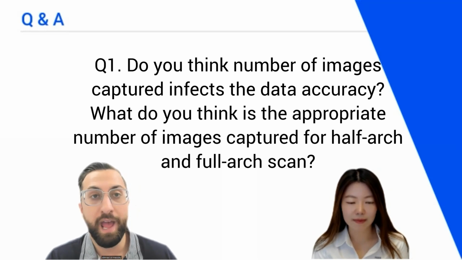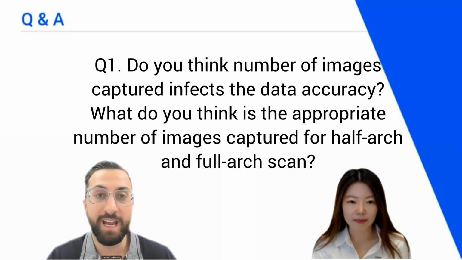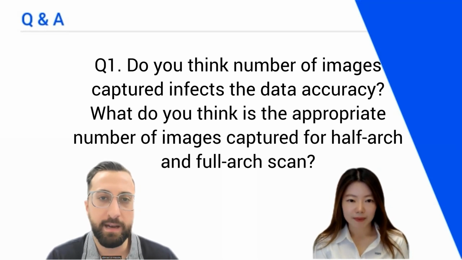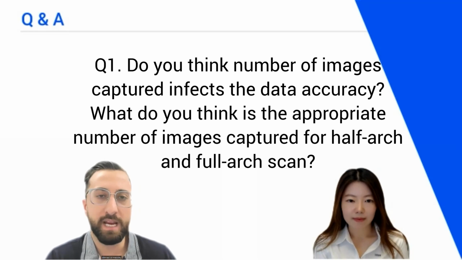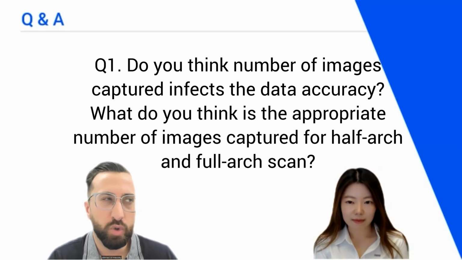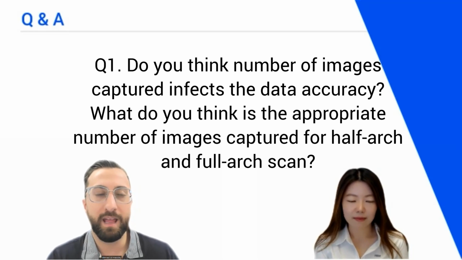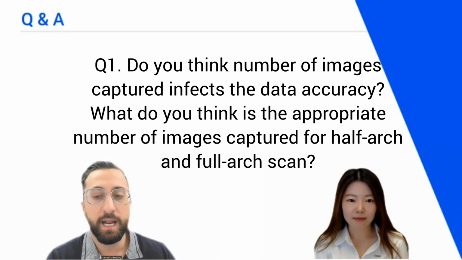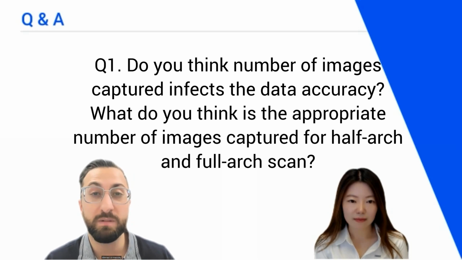I have never counted the images, but I think if you're doing a quadrant scan, you shouldn't take more than 1 minute. If you're taking 2-3 minutes and the images are going into the thousands, that's probably too much. And I think you need to refine your strategy just to make it better for yourself and for the patient.